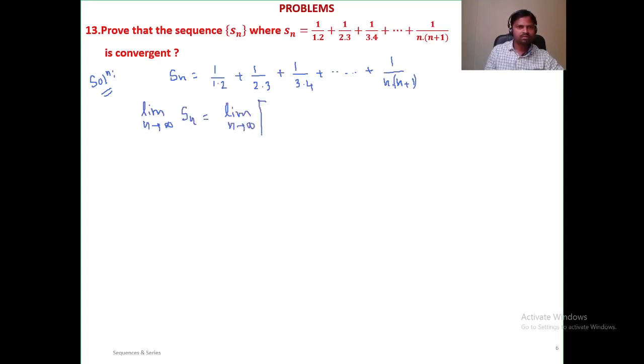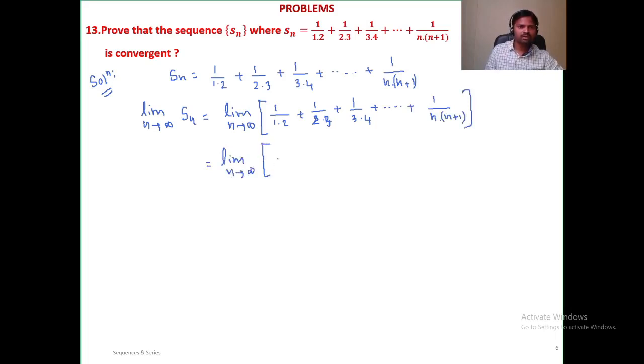What is S_n now? 1 upon 1 into 2 plus 1 upon 2 into 3 plus 1 upon 3 into 4 plus, and so on, plus 1 upon n into n plus 1. Okay. Now look at, I want to apply some logic here. Limit n tends to infinity.